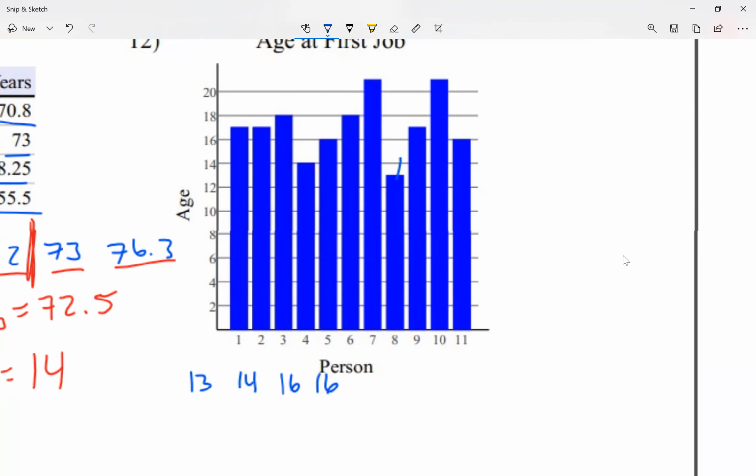Yeah, 3 of them. You guys see those 3? So 17, 17, 17. Now, do I have any 18s? Yeah, I see 2 of them. I don't see any 19 or 20. And then I see 21 twice.